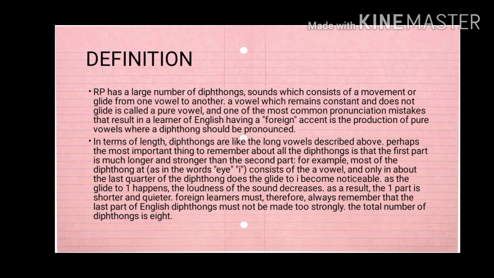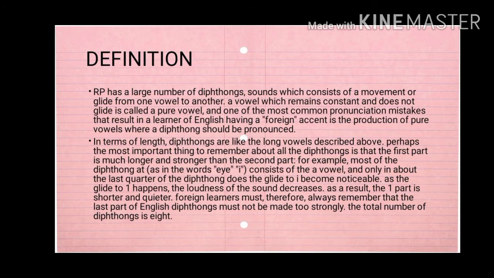In terms of learning, diphthongs are like the long vowels described above. The most important thing to remember about the diphthongs is that the first part is much larger and stronger than the second part.